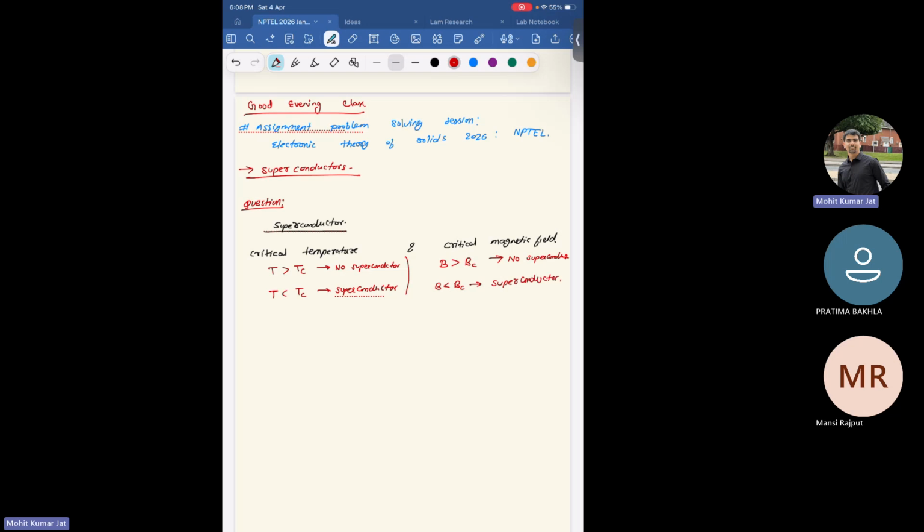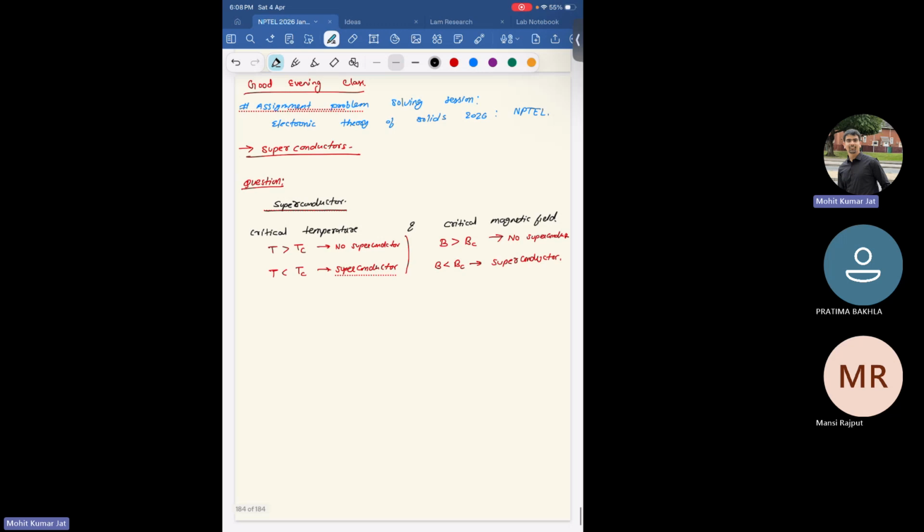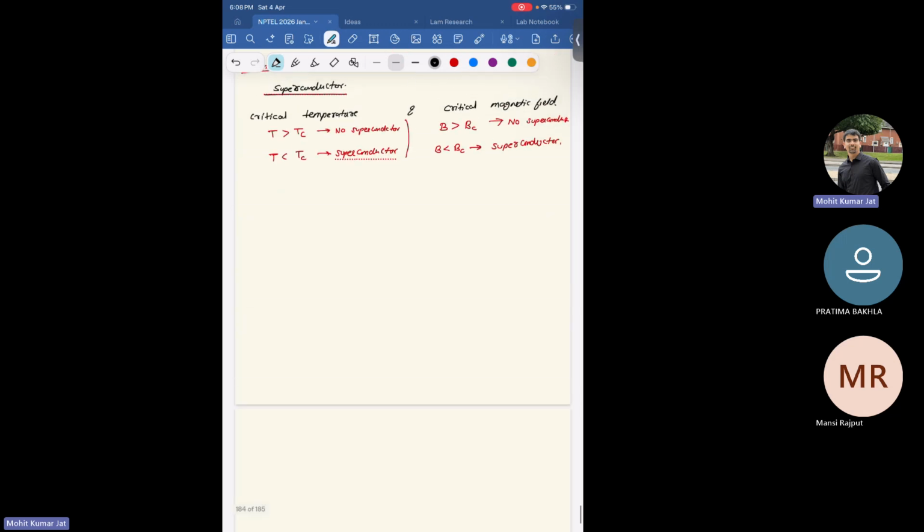But now, let's say you are at temperature T1, then your Bc1, B critical one, will be different. It will be Bc of T1, because it's a function of the temperature.